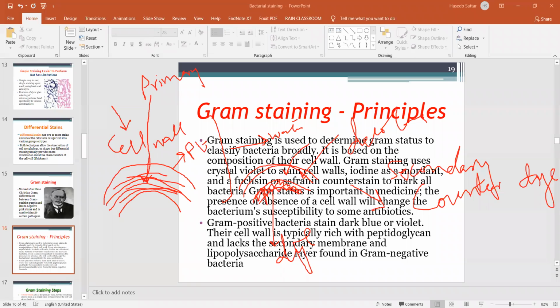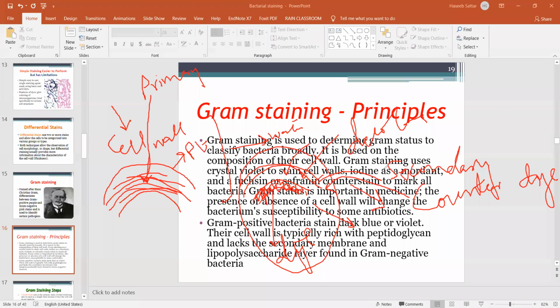While in gram negative bacteria, the dye has been washed out, so when I add the secondary dye, it attaches, and the color of these bacteria becomes similar to the counter dye.